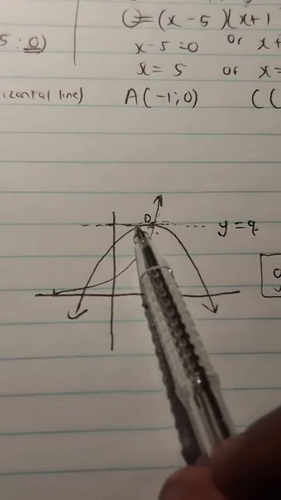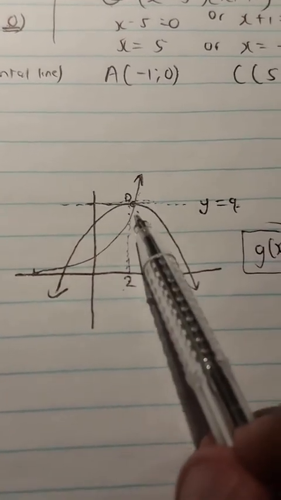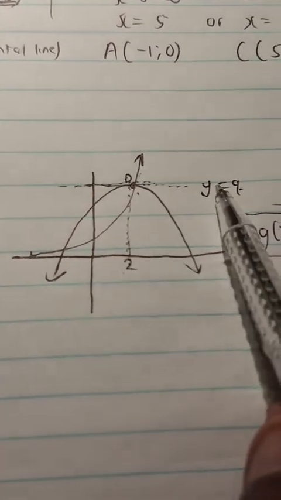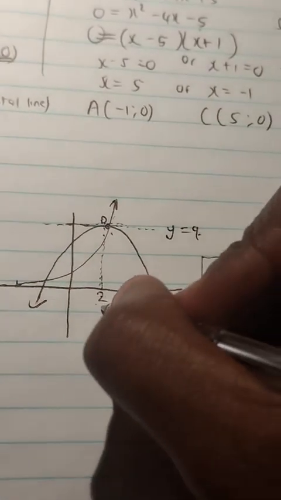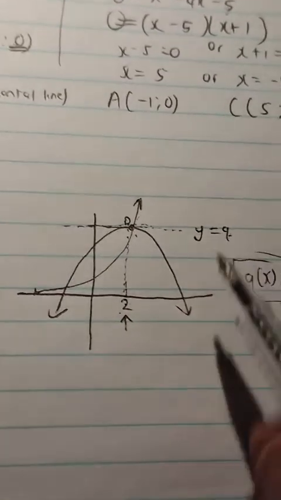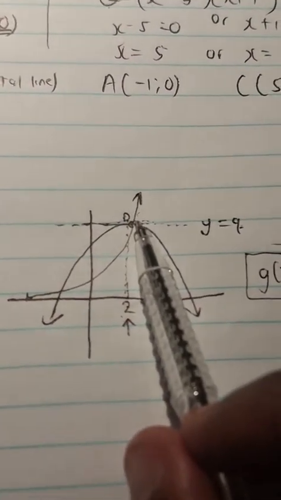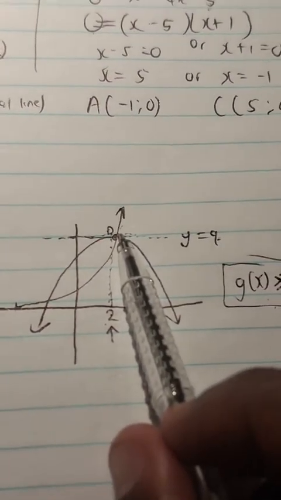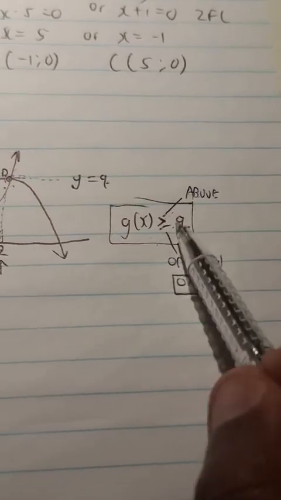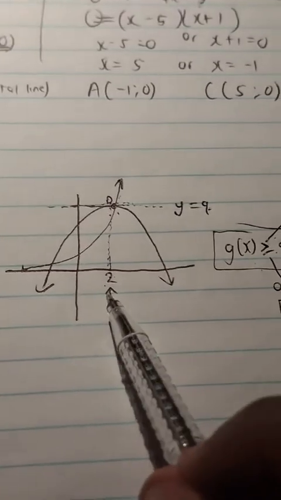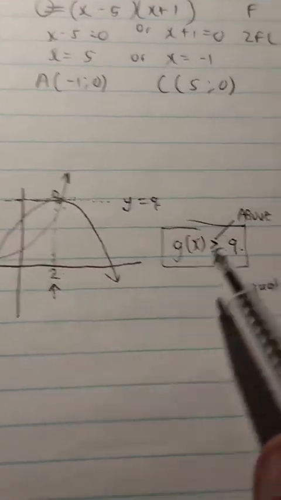Where do we see this function being on 9? It is on 9 where x is equal to 2. When x is equal to 2, the function has a y value of 9, which means it is equal. So it's when x is equal to 2.